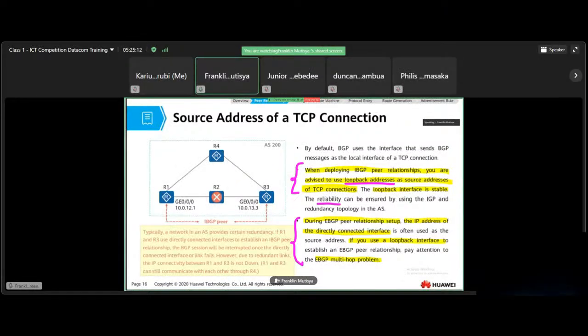BGP uses the interface that sends BGP messages as the local interface for the TCP connection.